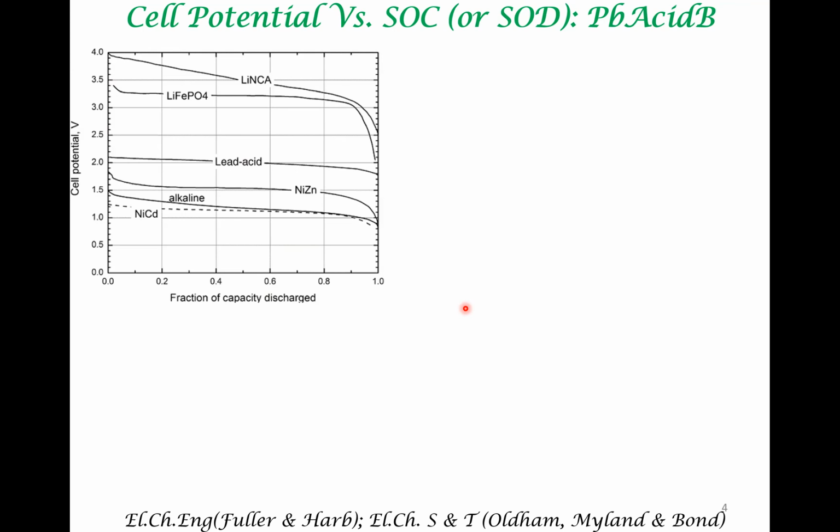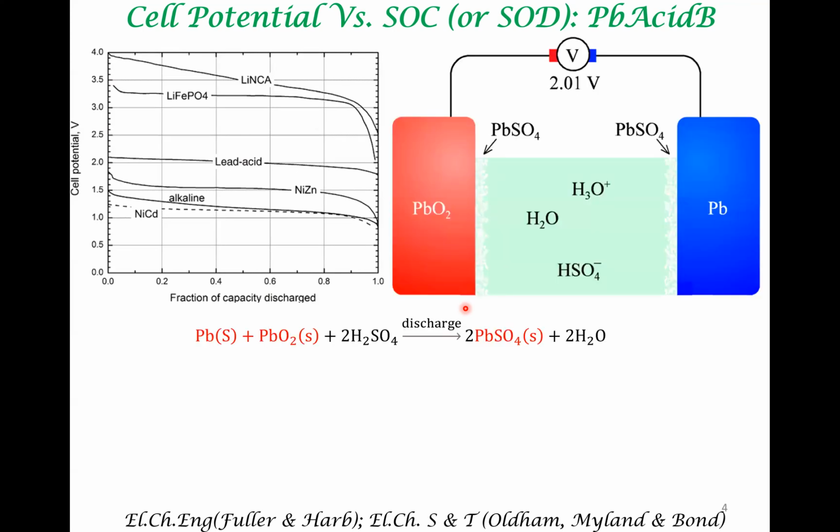For example, in a lead acid battery, as we have already elaborated, as the battery gets discharged, this is the reaction: lead, which is a solid, and lead oxide, another solid, combine with H2SO4, and you form lead sulfate at the electrode surface. Lead sulfate is also a solid that is deposited here, and you form water. This is the overall reaction in a lead acid battery.